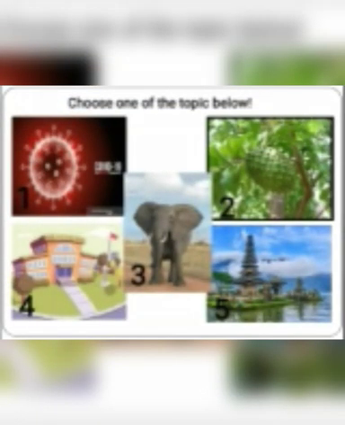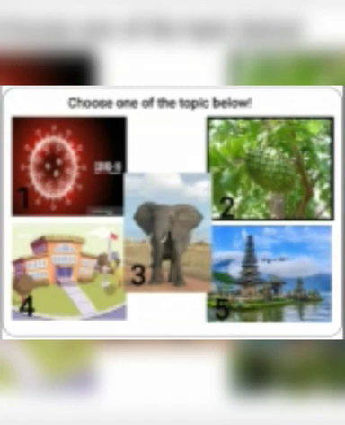And these are some examples you can use as topics to write a report text. In the first picture, it is COVID-19. You can write news about the coronavirus. And for the second picture, there is a source of fruit.